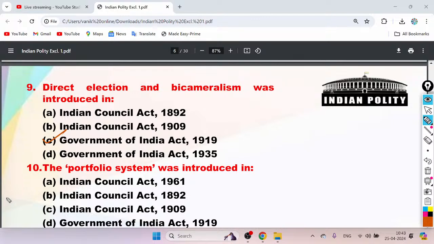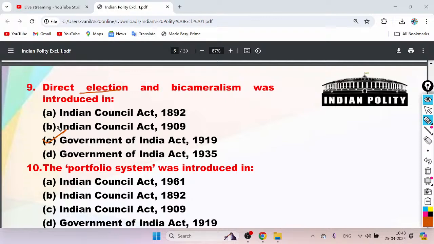In fact, the Government of India Act 1919 was based upon the Montford Report 1917, and direct election and bicameralism are important characteristics of this act. It introduced direct election in the country.